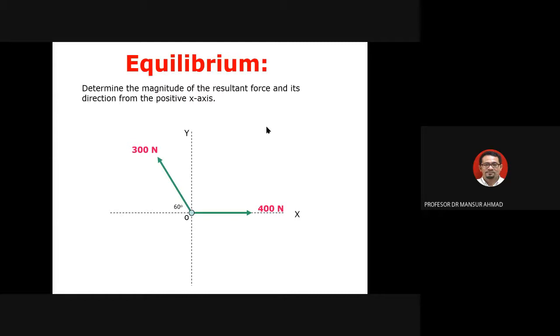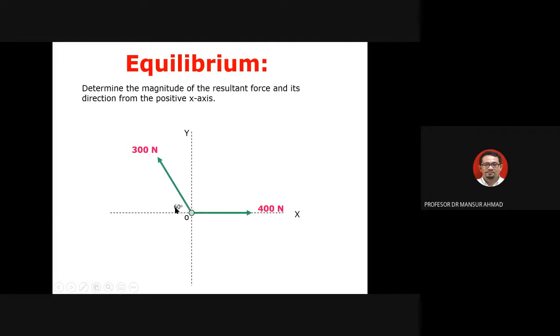I'm going to resolve this 300 Newton into the Y axis and the X axis. So take a look at this. The first one, I'm going to use the 60 degree here instead of 30 degree.